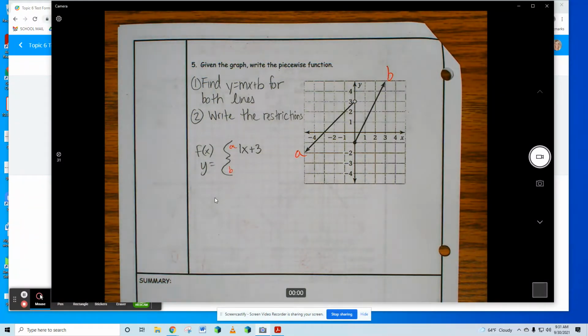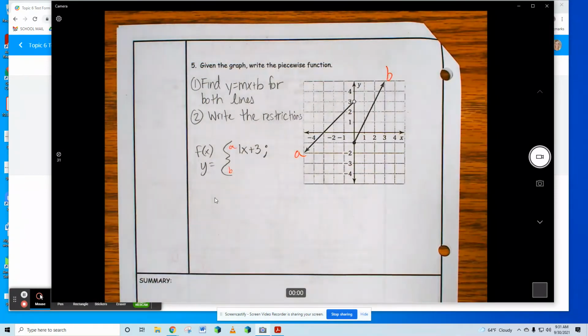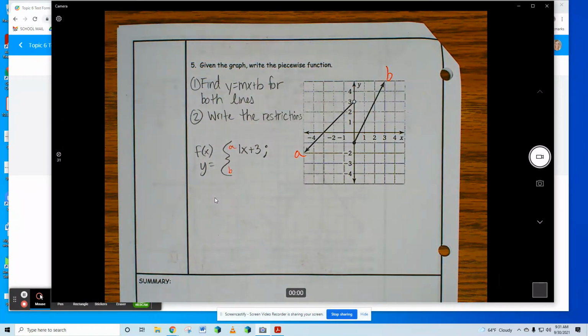Okay, what's the restriction? It's got an open circle, and the arrow is pointing to the left. So I'm going to put a semicolon. I need to write the restrictions. X is what? Greater than, less than, greater than or equal to, less than or equal to. It's an open circle, and the only part of the line I can see is the one going to the left. Smaller.